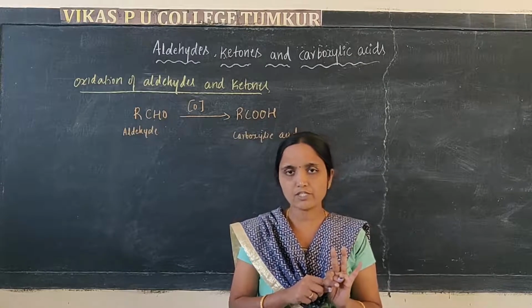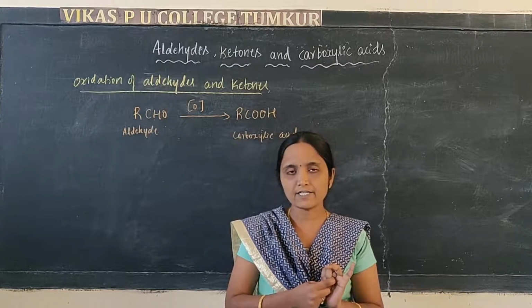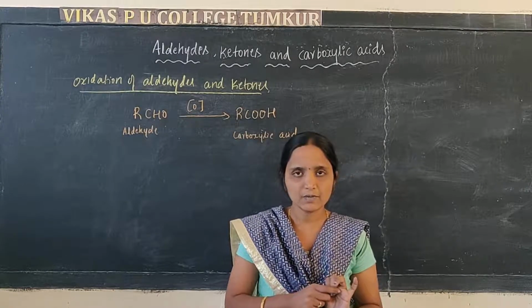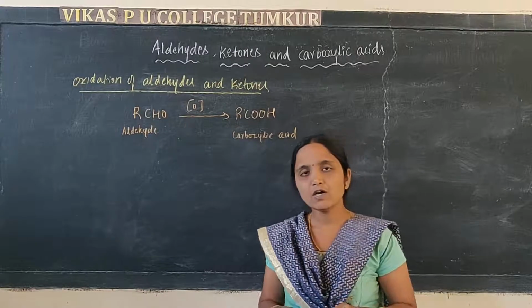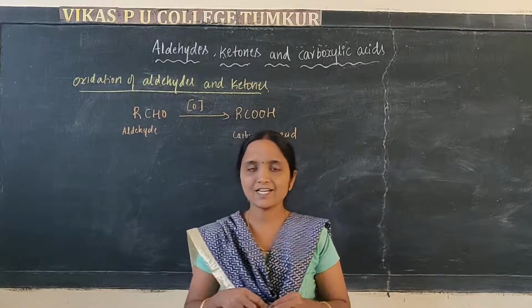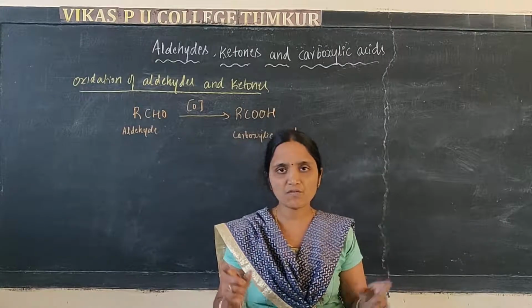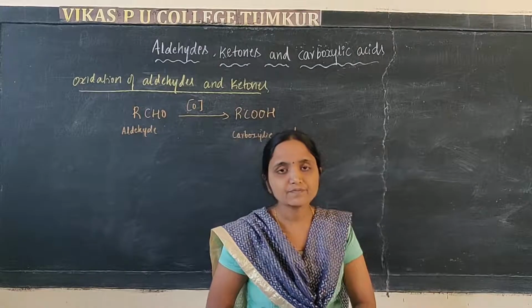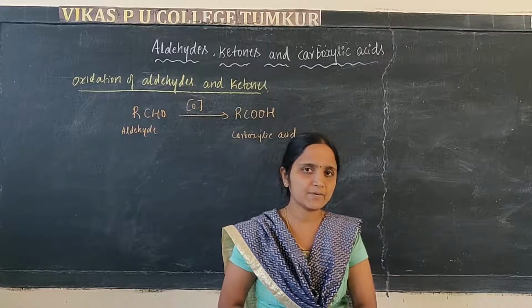In the presence of elevated temperature, ketones get oxidized into carboxylic acids by cleavage of the carbon-carbon bond. It forms a mixture of carboxylic acids, which contain fewer carbon atoms compared to the reactant.